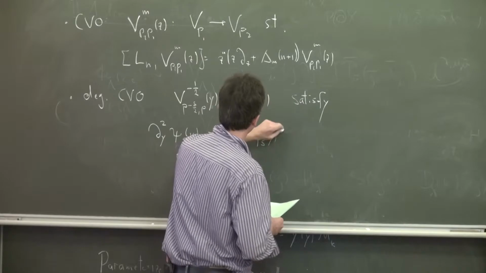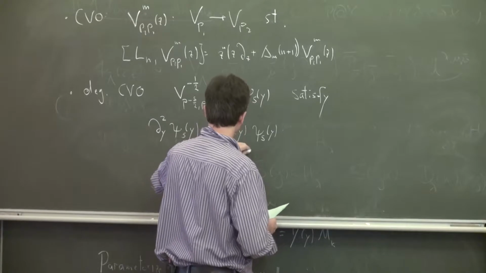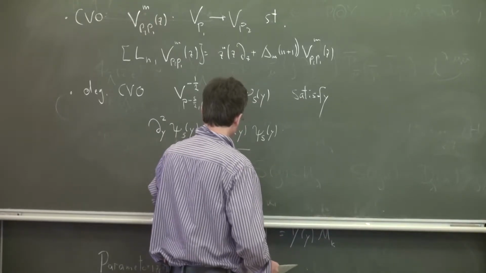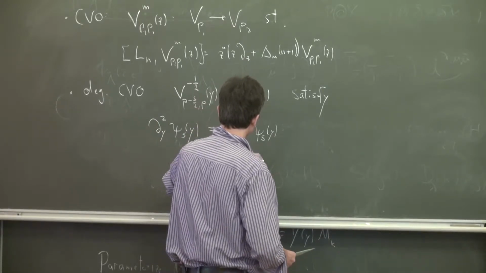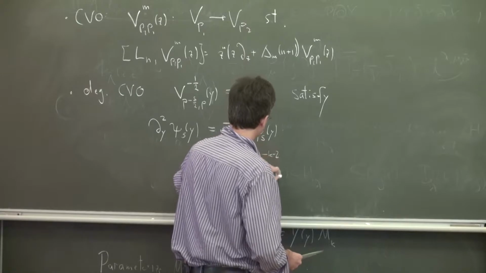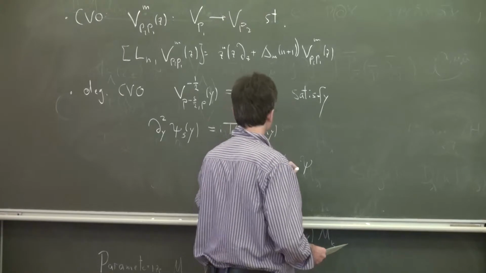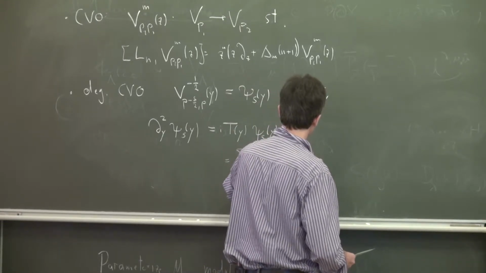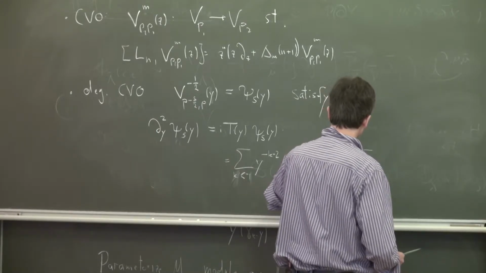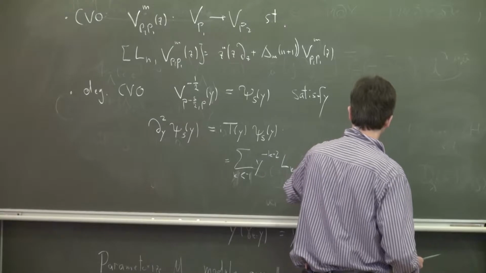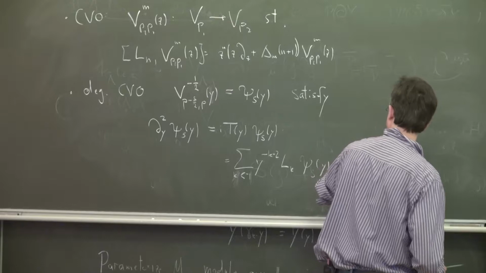Psi s of y, normal ordered, and let me be completely explicit here: the sum over k smaller than -1, y to the minus k minus 2, L k to the left of the chiral vertex operator, plus then the remaining ones being to the right of the chiral vertex operator as follows.